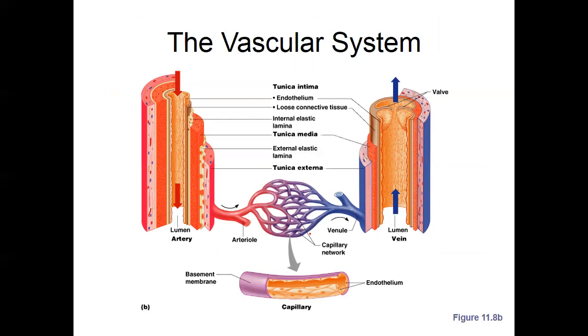The other thing about lumens, the lumen in the venous system is a smooth lumen with endothelial cells in the middle. Same thing in the arterial system, but they have these valves to prevent that backflow. The venous system primarily relies on muscle contraction to move blood through.